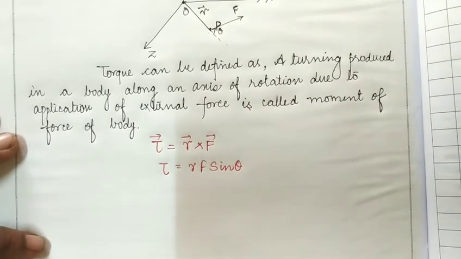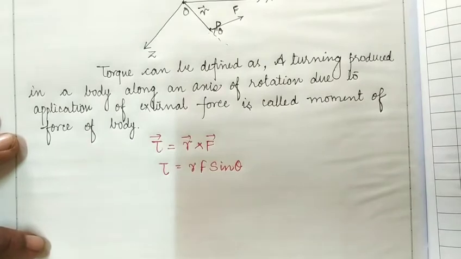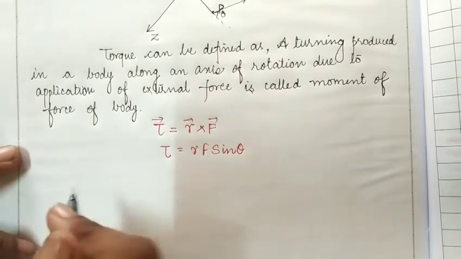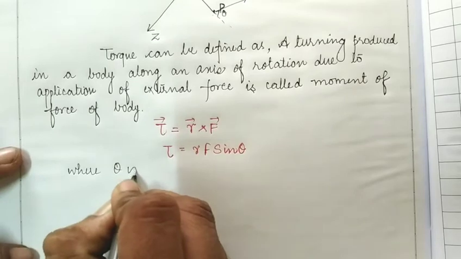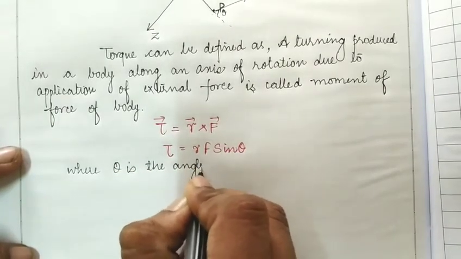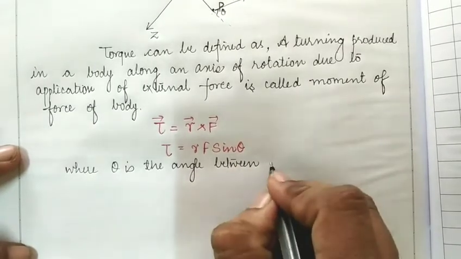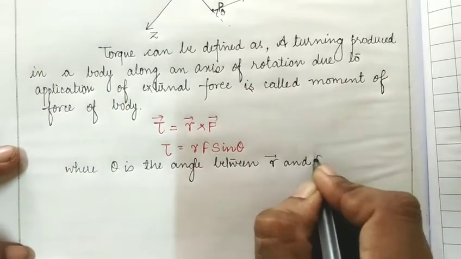As we know it is a product of two vector quantities, and here theta is the angle between the position vector r and the applied force F.